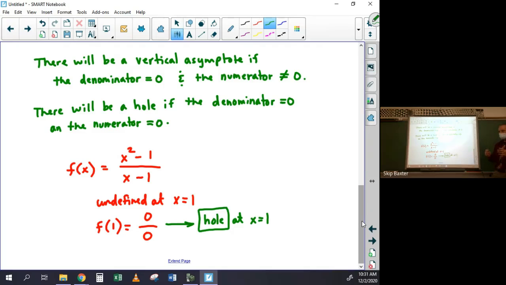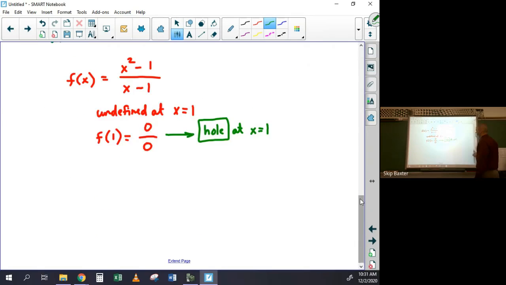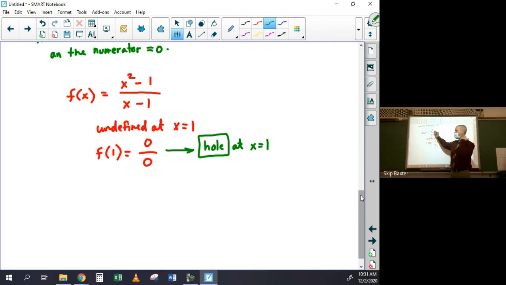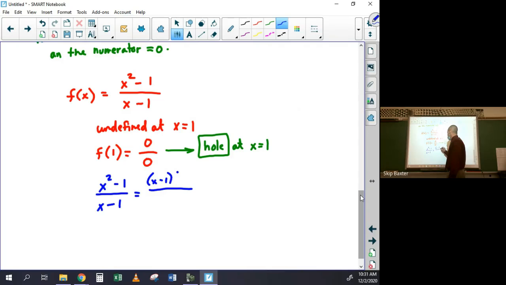Now, to determine exactly where that hole is, you can find the y-coordinate of the hole also. The way you do that is you simplify the rational expression and then plug 1 in. If I simplify, I get x squared minus 1 over x minus 1, which factors as x minus 1 times x plus 1, and then the x minus 1's cancel.